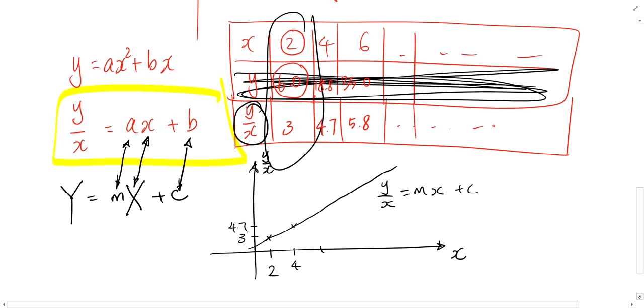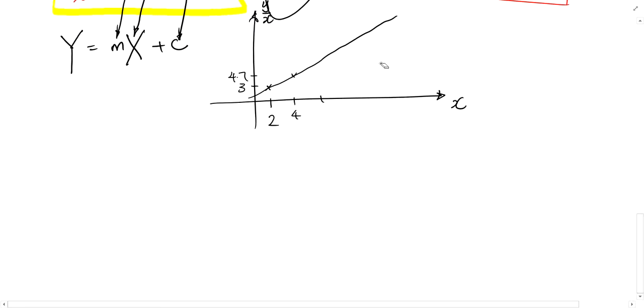When you find the gradient, in summary, it is the big y1 minus the big y2 over the big x1 minus the big x2.